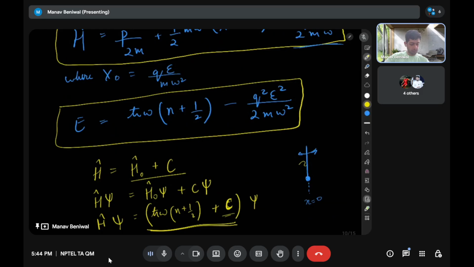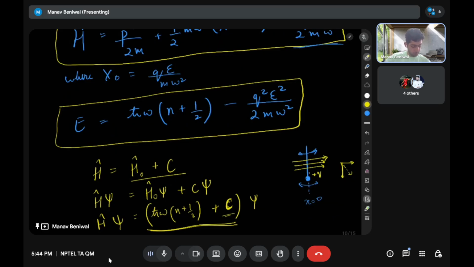But now imagine that you have applied an electric field along this direction, and this has a charge plus q. So now its equilibrium position will not be x equals 0. Earlier it was oscillating like this, now because of this electric field, and gravity is here, it is experiencing some net force along this direction.